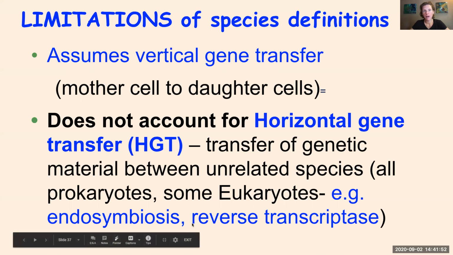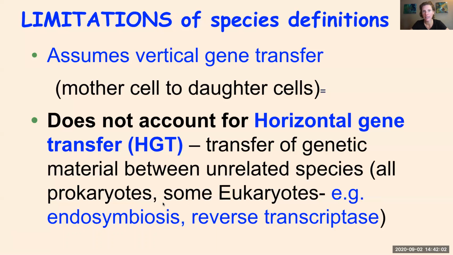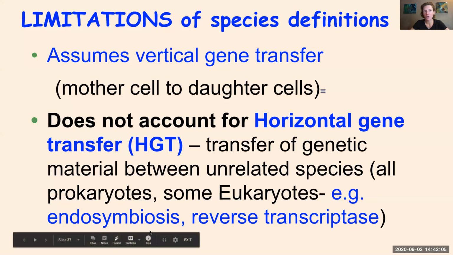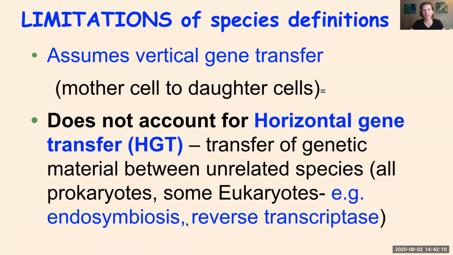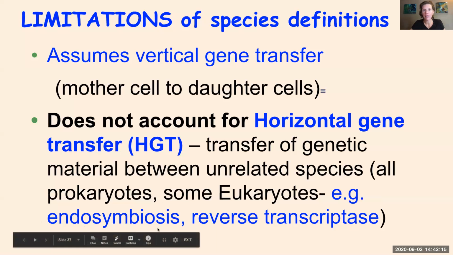We talked about endosymbiosis in 181. That's where you have the creation of the mitochondria from a free living organism, the creation of the chloroplast from a free living organism. Eukaryotic cells historically have engulfed and kept the DNA of other living organisms. It's not common, but it does happen enough to be important. And reverse transcriptase, this is actually a viral enzyme that allows viral DNA to be incorporated in our DNA.